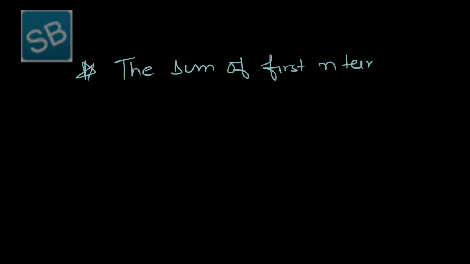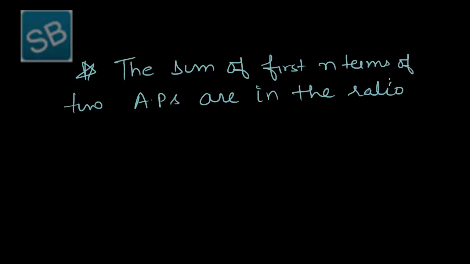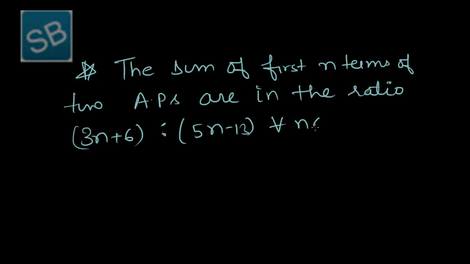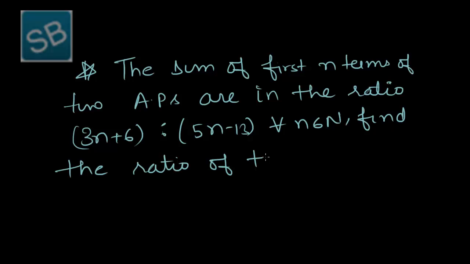Now the next problem is: the sum of the first n terms of two APs are in the ratio 3n plus 6 to 5n minus 13 for all n belonging to N. Find the ratio of their 11th terms.